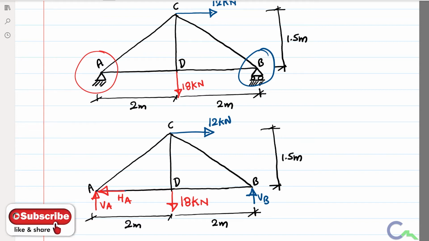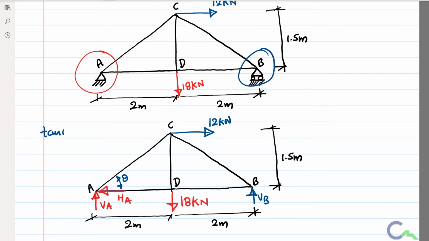After that, I am going to take this angle as theta. If I want to calculate theta, tan theta is equal to opposite, which is 1.5 meter, and adjacent, which is 2 meter. That is 1.5 divided by 2. Therefore, theta is equal to 36.86 degree.